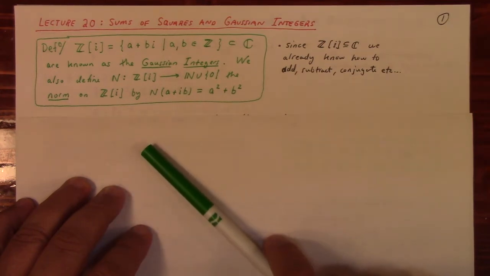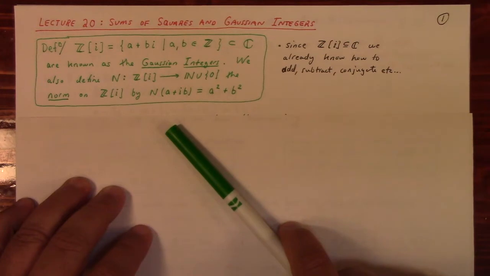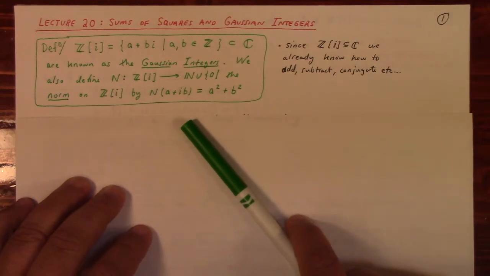The nice thing about this particular set is that since it's a subset of the complex numbers, we already know how to add, subtract, multiply, divide, take the complex conjugate, lots of things.